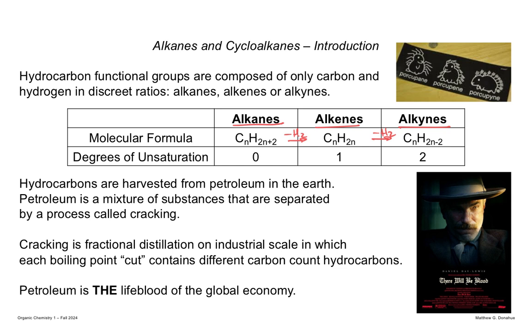And nowadays, because the corn farm industry is so big, ethanol that's derived from corn is subsidized by the government, and it's put into gasoline to help the farmers out. We'll talk about combustion of alkanes and why it's useful as a fuel.